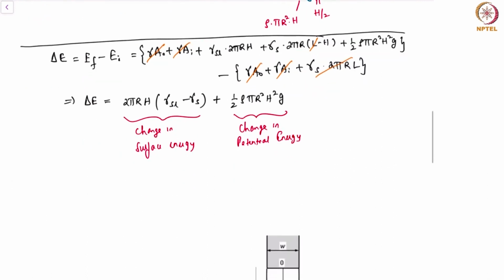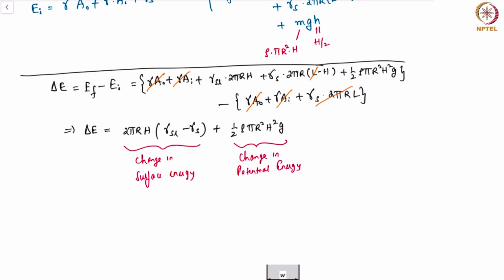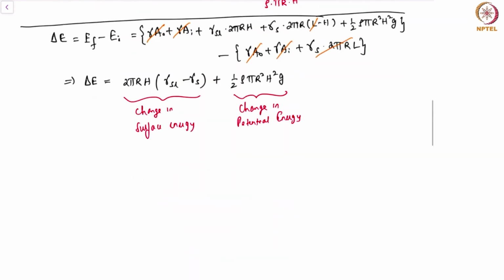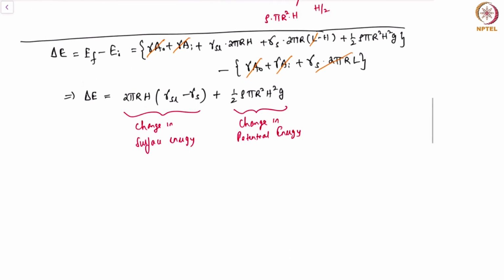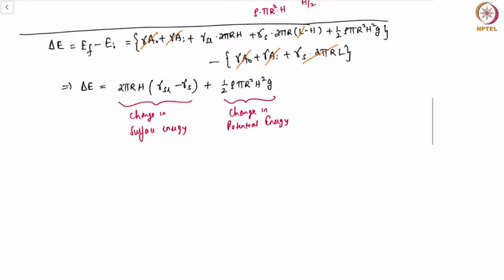Now also notice that if you look at this relationship, the first term goes like h, and the second term goes like h square. Now, let's basically define a new parameter. Let's call it the impregnation parameter.